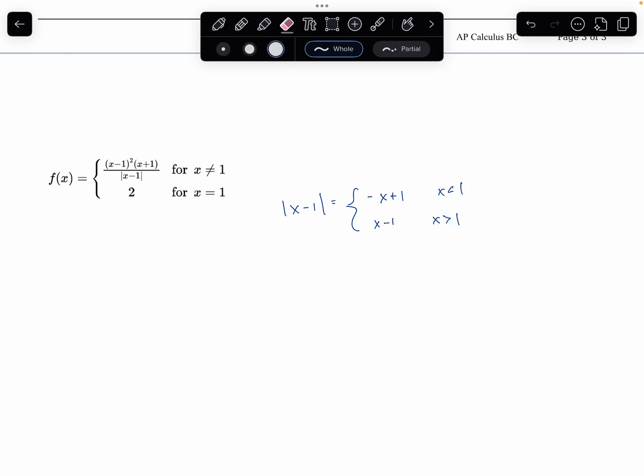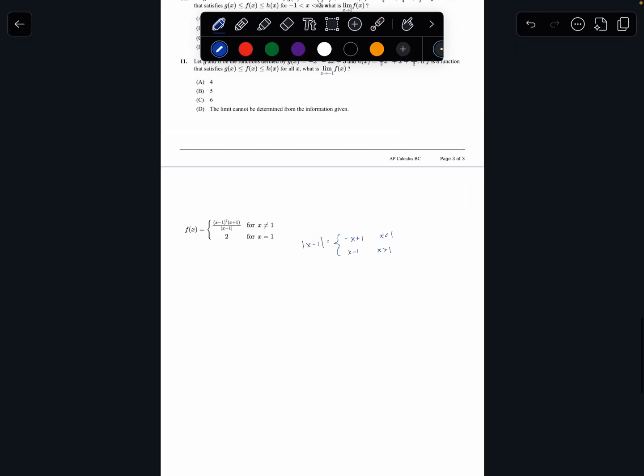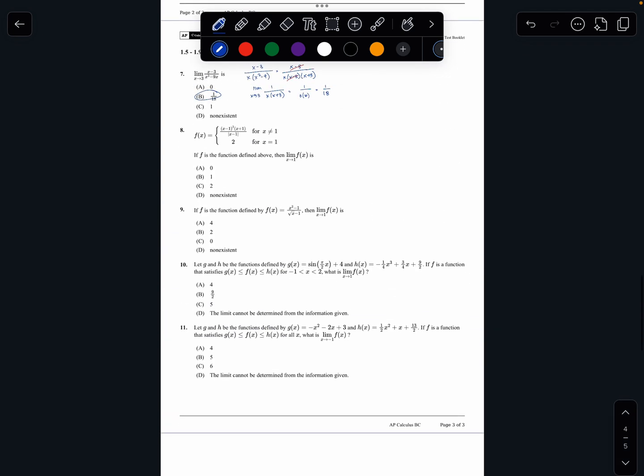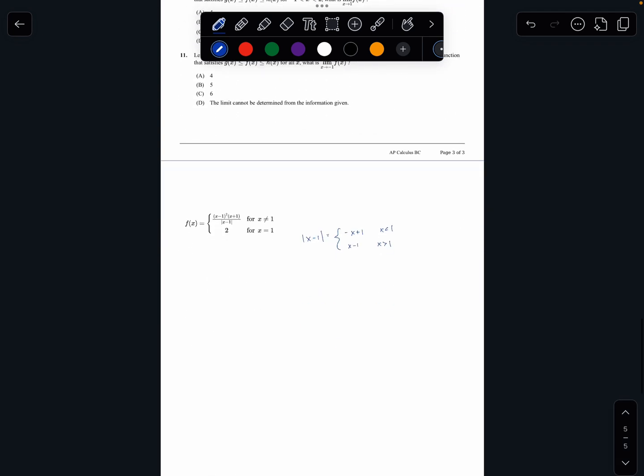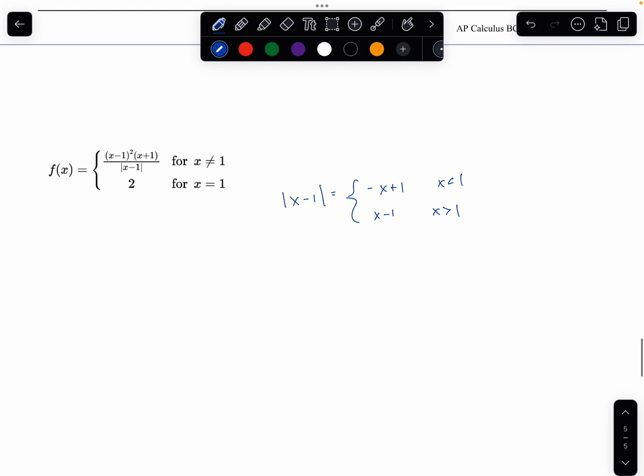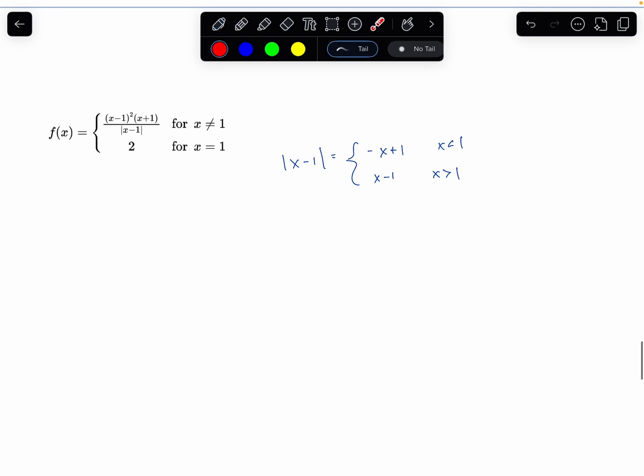So with all that being said, we're trying to evaluate this limit as x approaches 1. But we're going to need to use a piecewise function to evaluate it from the left of 1 and to the right of 1. So we'll evaluate this expression to the left of 1, but we also need to take this x minus 1 right here and replace it with negative x plus 1.